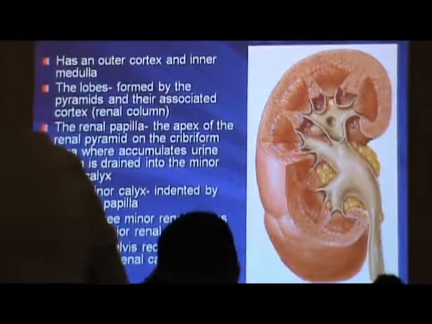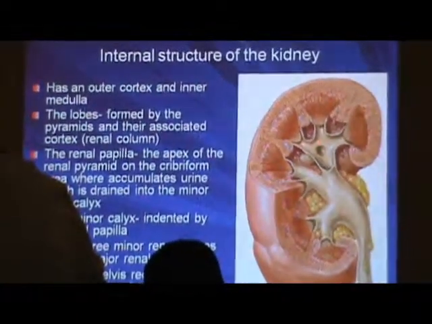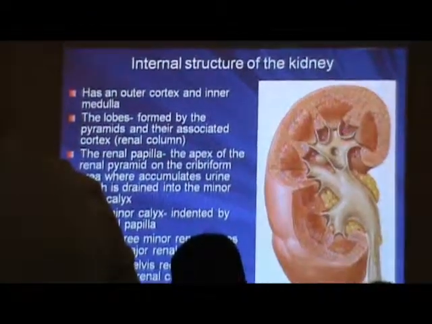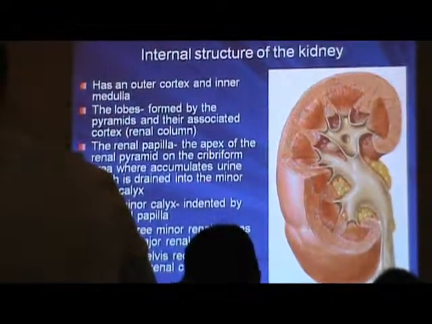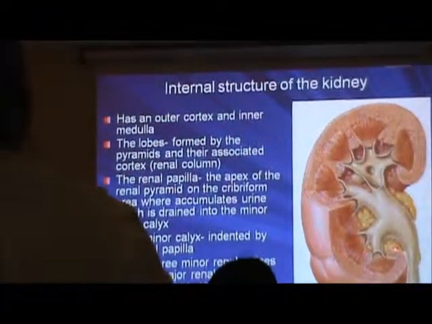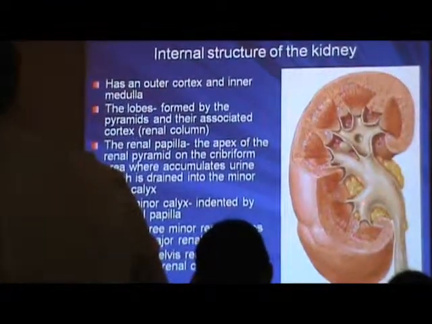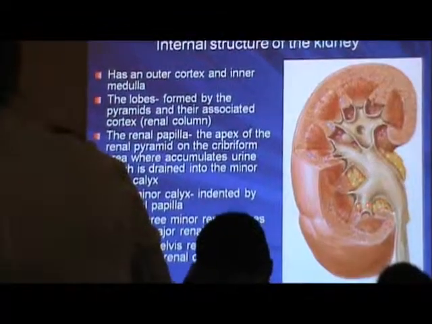Each minor calyx is indented by a renal papilla, and 2 or 3 minor renal calyces form the major renal calyx. The renal pelvis receives 2; in our picture, there are 3 major renal calyces.